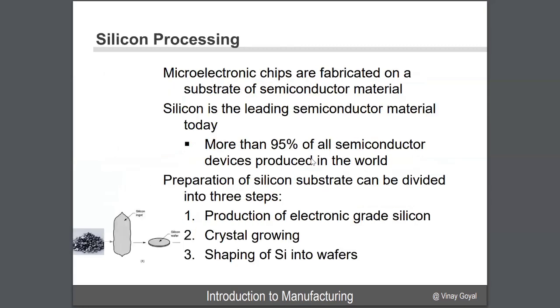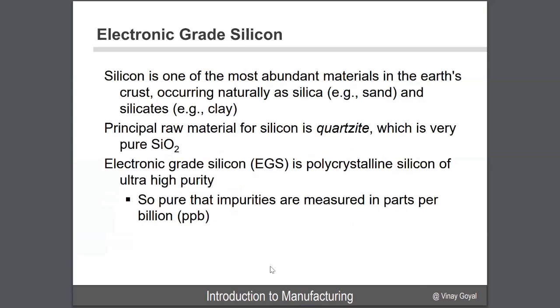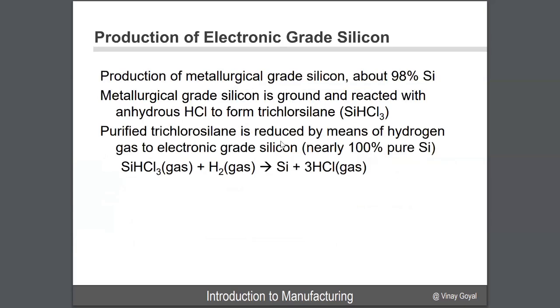And then we talked about silicon processing by itself, which is basically going from the production of electronic grade silicon to crystal growing to shaping the silicon into wafers. For that, we talked about how the silicon is derived from sand, and then we apply various processes like HCl, and then we'll form this product here.